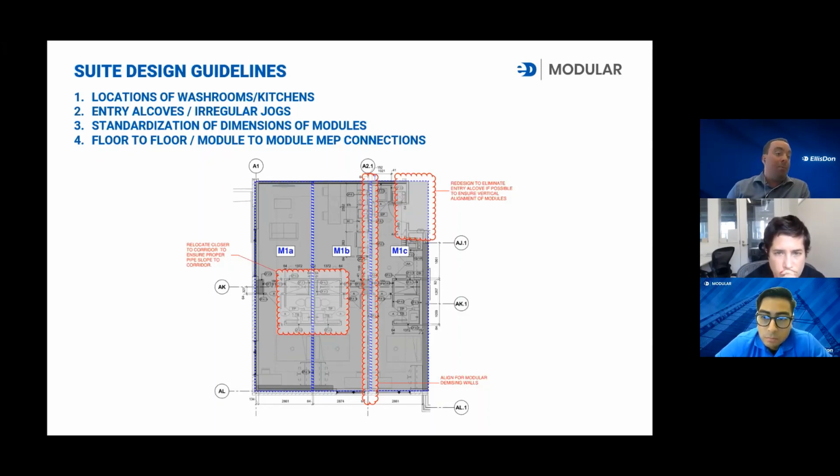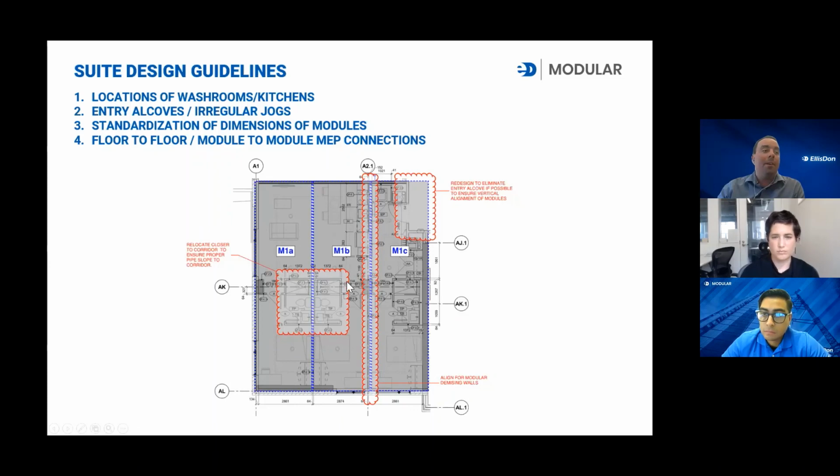From a design standpoint, for your washroom facilities and MEP, we like to congregate them into the corridor areas of a building. The reason is we can access those plumbing connections, your risers, your sewer lines, and do those connections floor to floor, suite to suite from the corridor.